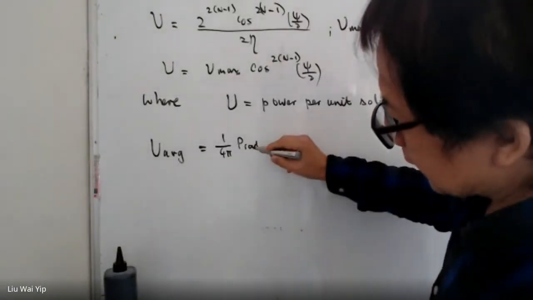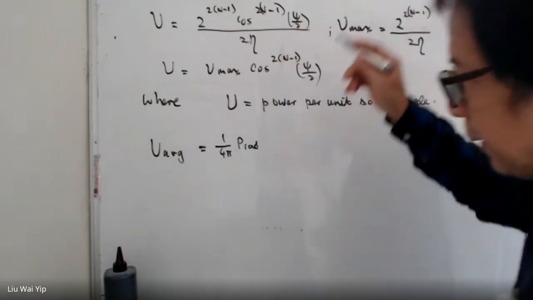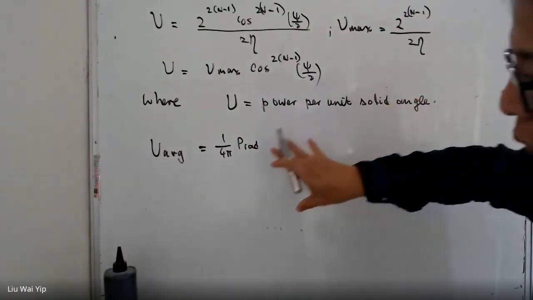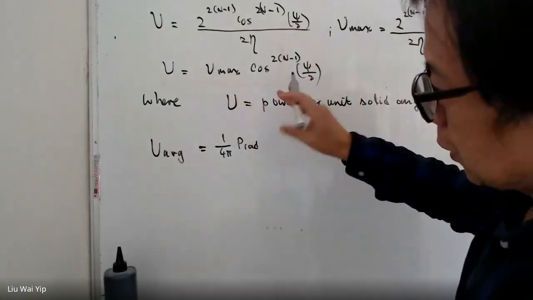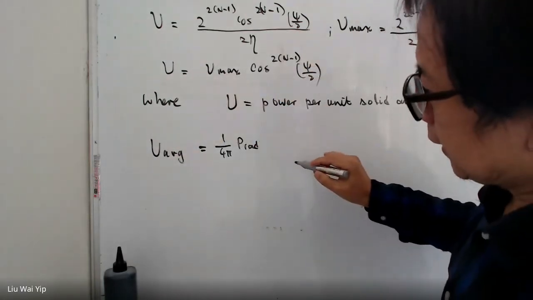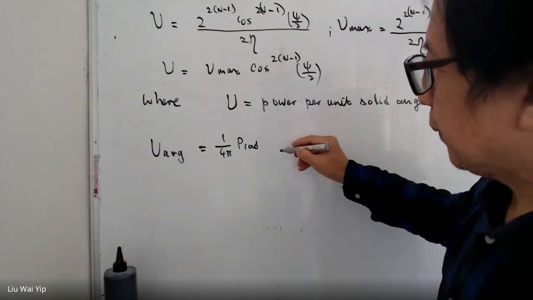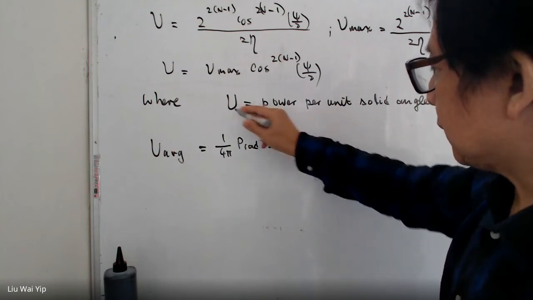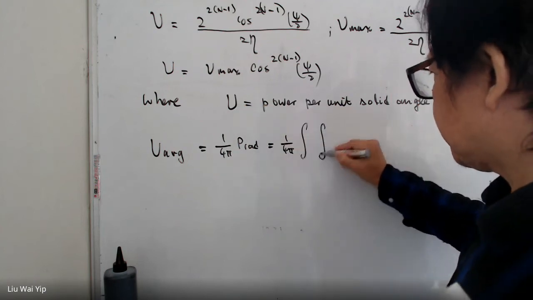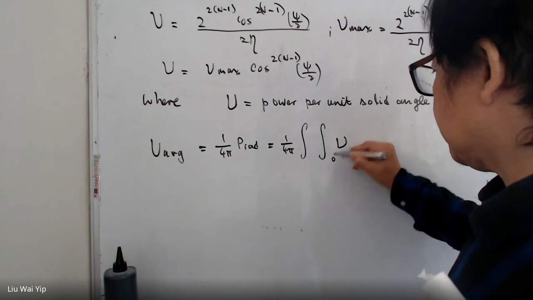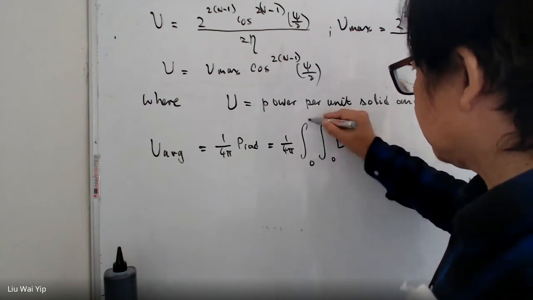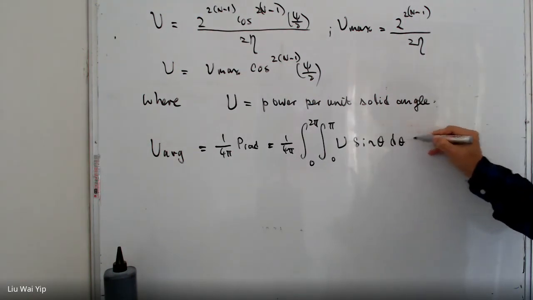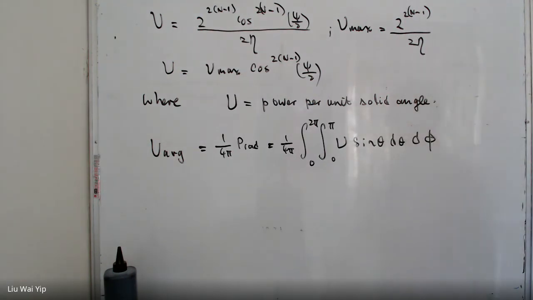The total power radiated divided by 4 pi will be an average value, and this average value is applicable to all directions. Eventually, it will be a constant. And now, if we further explain it, this will be the integral of u, 0 to pi, 0 to 2 pi, sine theta, d theta, and then d phi.